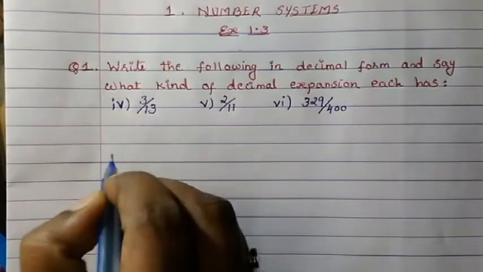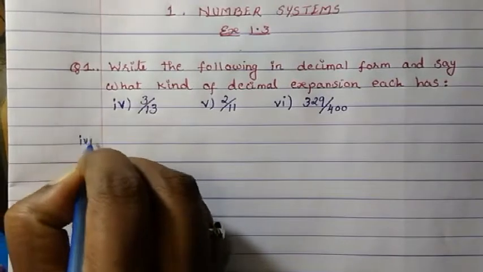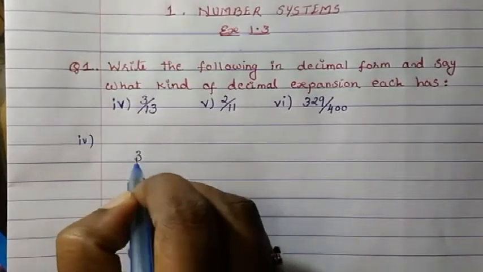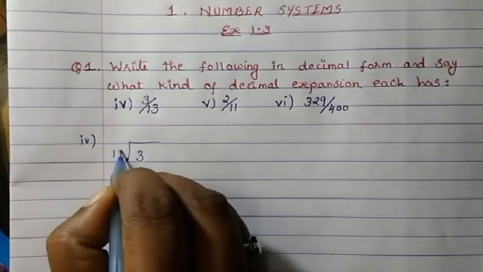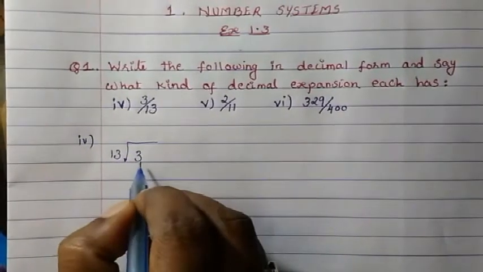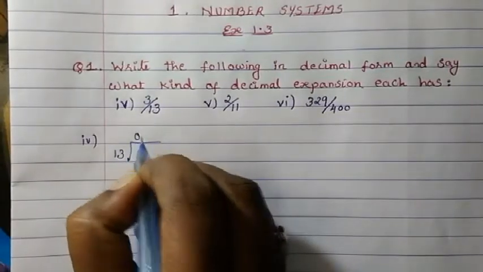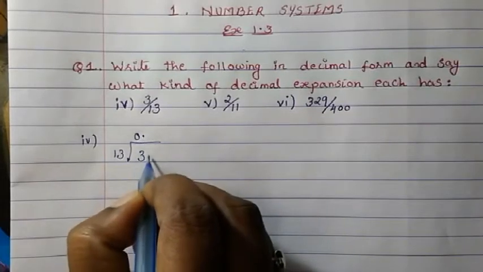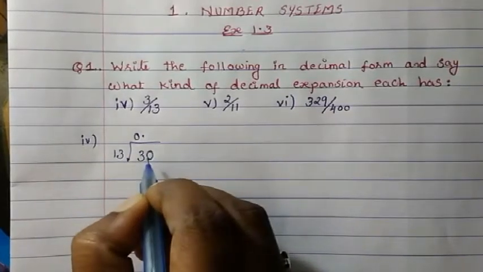Fourth one, that is we divide 3 by 13. This is a smaller number, so we put 0 and a point, and when we add a point, we add a 0.